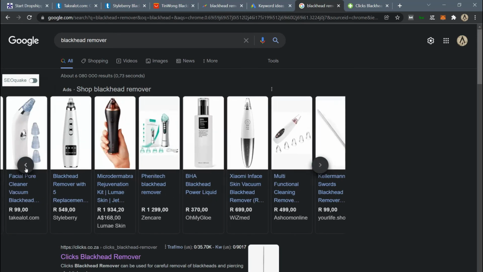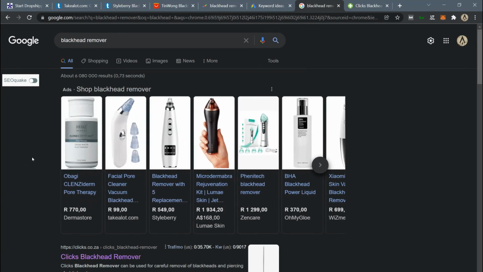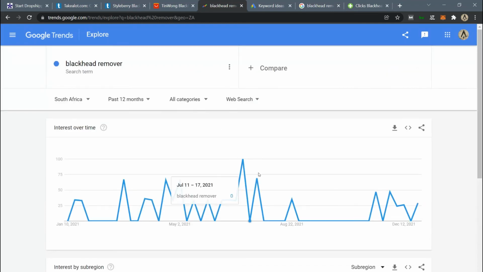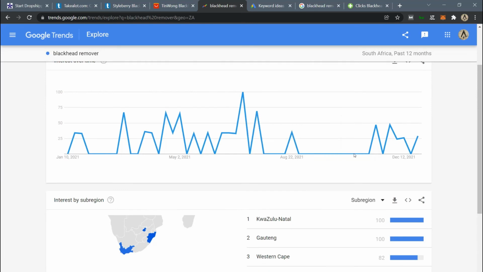So, guys, that is pretty much how you can go about doing product research, to make sure there's even a market. It's very important to use Google Trends to see if there is actually someone looking for it. If it was a flat line over here, I wouldn't recommend it, because then no one is looking for it.